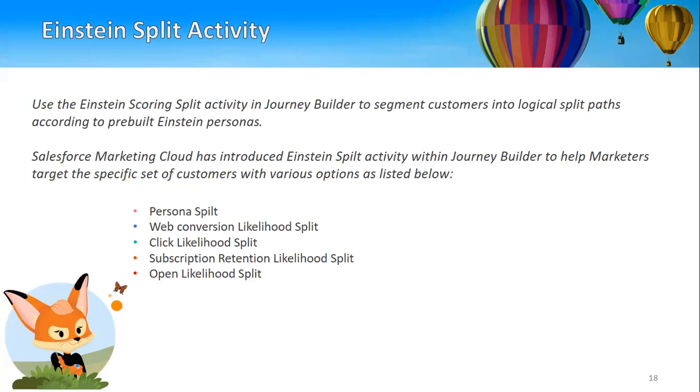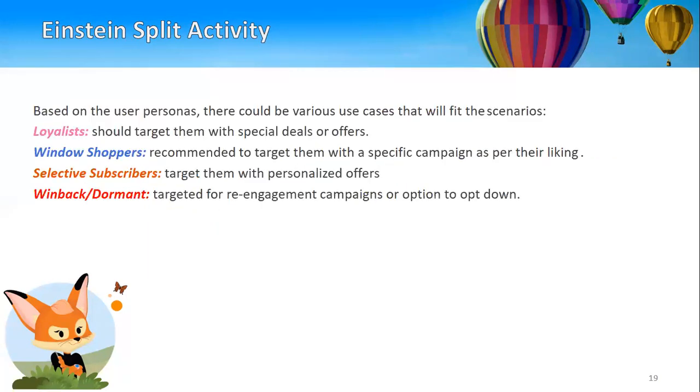And there are a few things you need to look into. For this set of subscribers, if there are some loyalists, you can target them with special deals or offers. Window shoppers, you can target with specific campaigns as per their liking. Selective subscribers, target them with personalized offers.